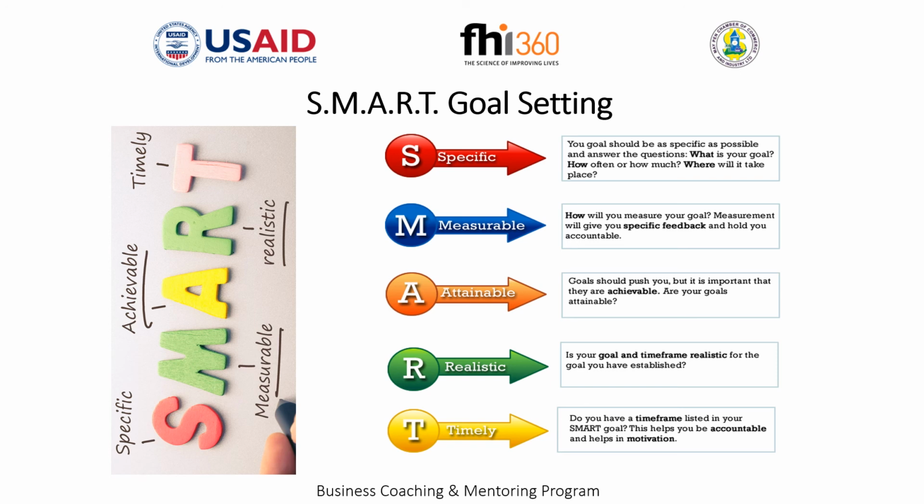And when you set a goal like that, it means that you're able to now break it down and measure it. So that takes us to the next one, measurable. How will you measure your goal? How will you know if you've achieved your goal? If you set that goal that you want to generate profits of $500,000 by the end of the year, it was specific, you know the amount that you wanted to generate, and you also had by when. So you can measure.